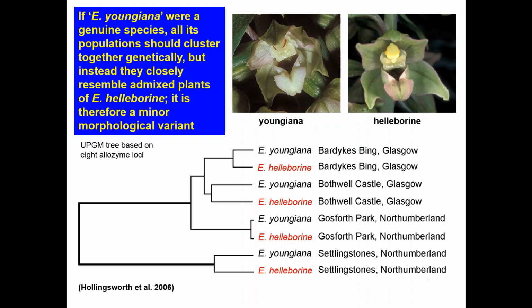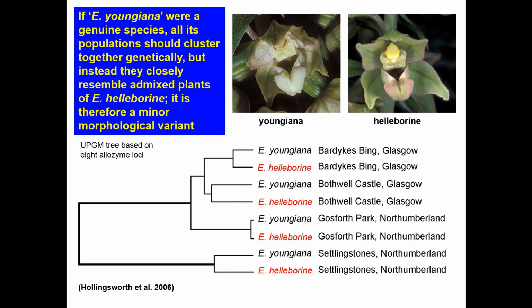And here we're comparing plants of Epipactis helleborine with plants of Epipactis, inverted commas, youngiana, from the same population of Epipactis. So these are mixed up together, but on the basis of their morphology, we're saying that some of these plants are helleborine and some of these plants are youngiana.